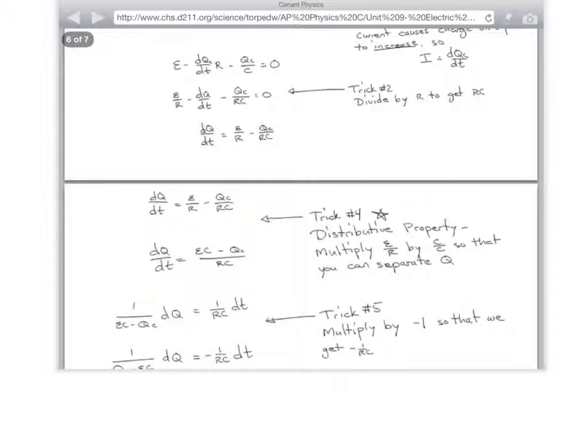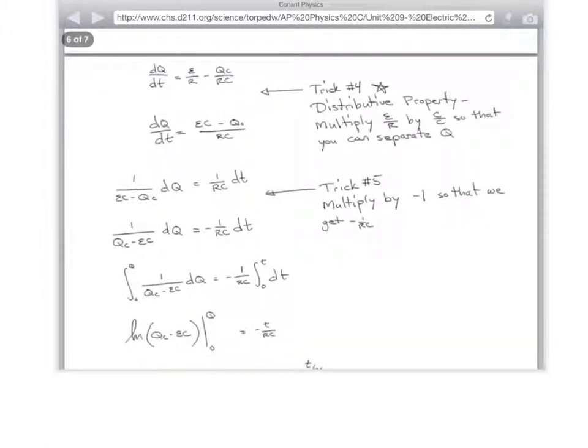That's good. Now I also like to have a negative sign. It's just style points if you do it this way, but I always like negative signs in front of my stuff. So negative 1 over RC times dt. And if you multiply by -1, these numbers end up switching.